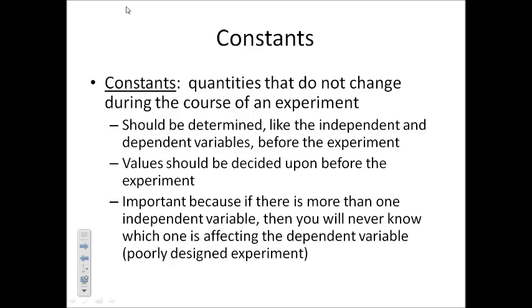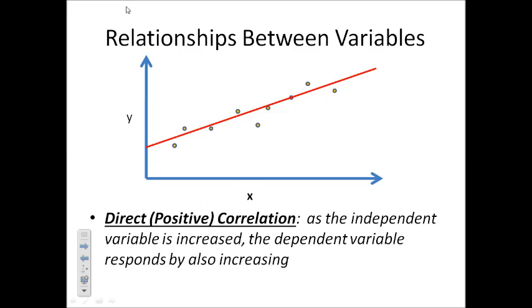If we are changing too many things, then our experiment is designed poorly, and we're never going to get a real, true idea of what variables affect which other variables. So you have to decide these things before you start your experiment, and possibly future experiments mean that you change those constants to see how they might affect something later. But you need to establish a relationship first.